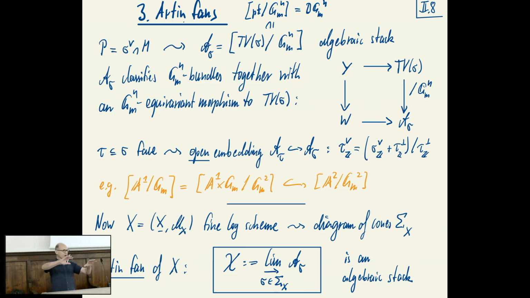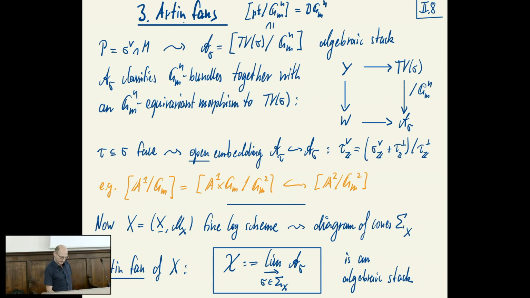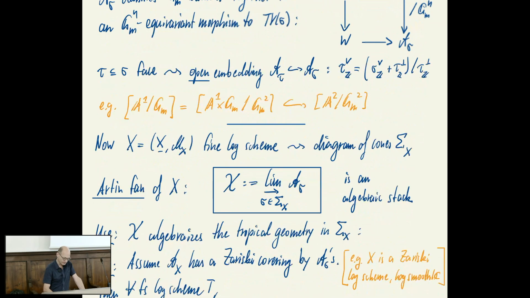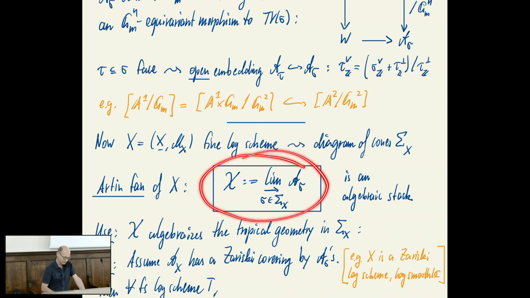The sigmas are the tropicalizations, the dual cones of the stalks of M bar, and they come with natural arrows, and these translate into open embeddings, and you can take the colimit of that to build a horribly looking algebraic stack, curly X, that we call the Artin fan.